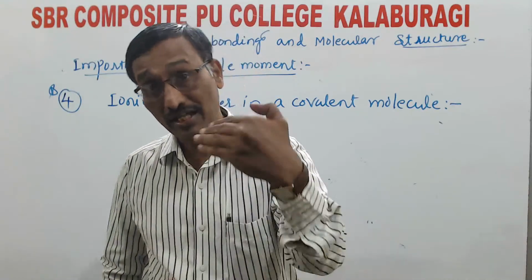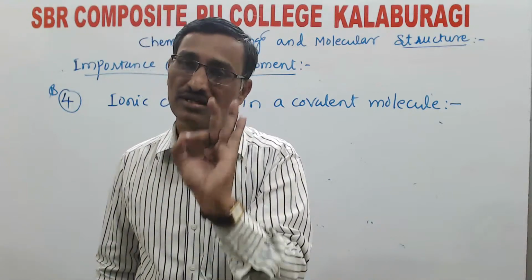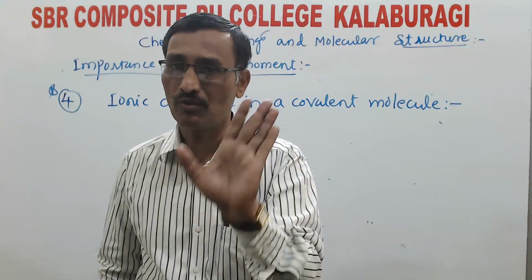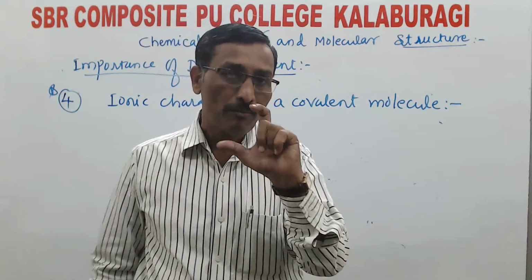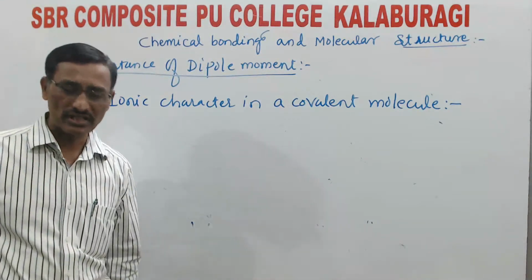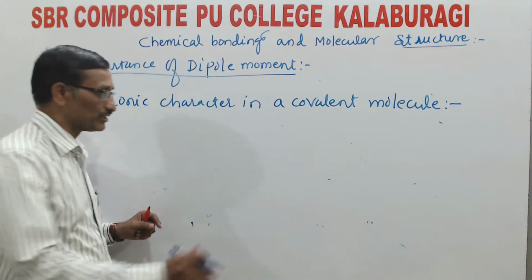In an ionic bond too, certain characteristics, even you can see, a covalent percentage. But how are we determining ionic character in a covalent molecule?